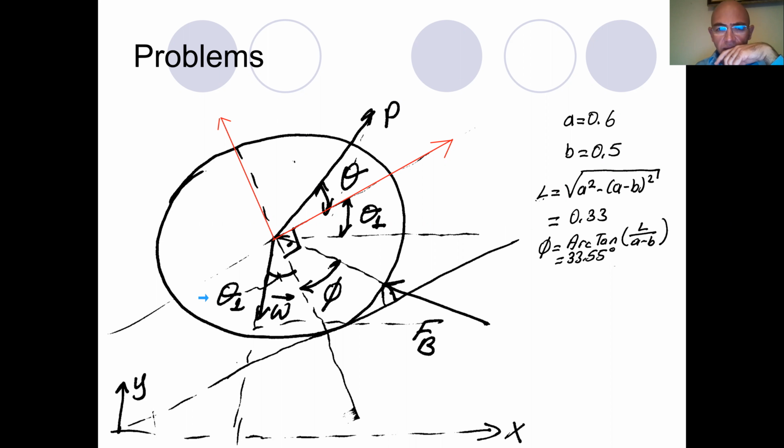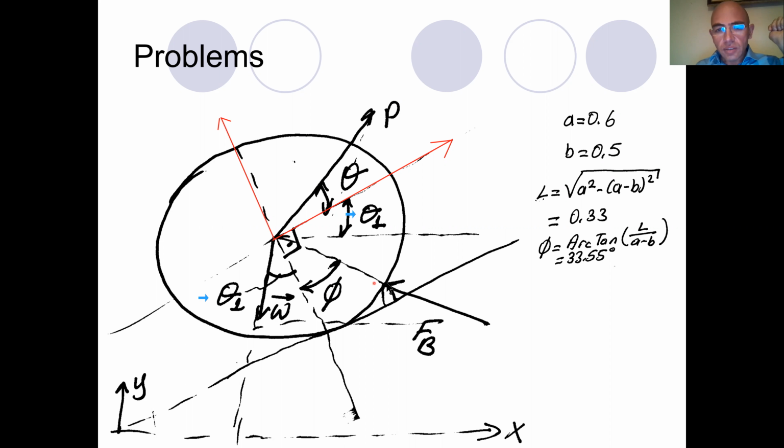Now, if this is theta 1, and there is an angle of 90 degrees, certainly this angle is theta 1 as well. Now, of course, this angle is given by the problem, it is theta.